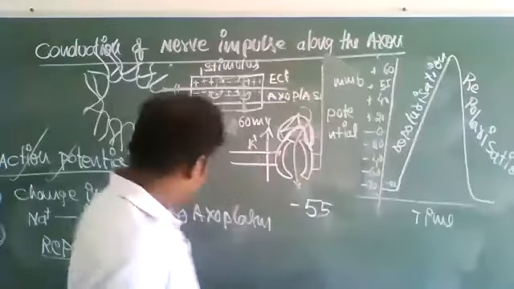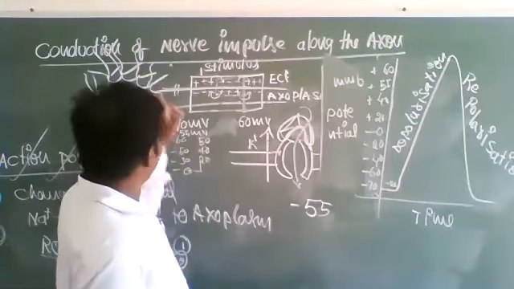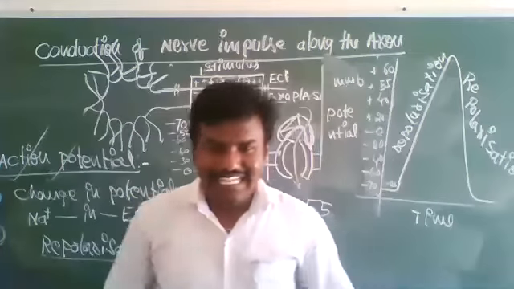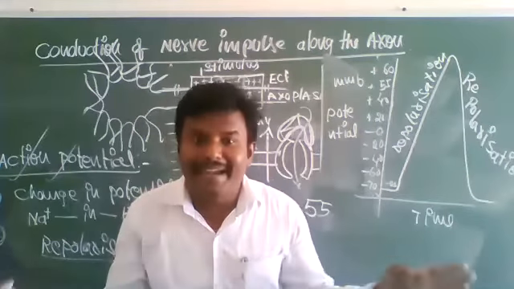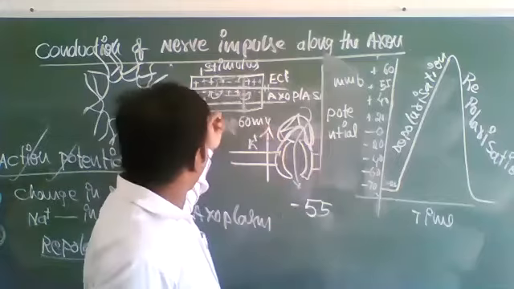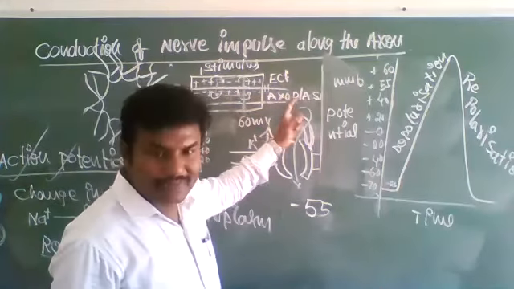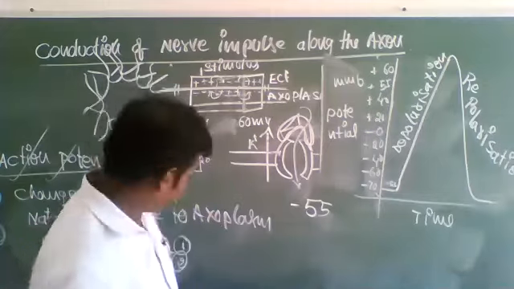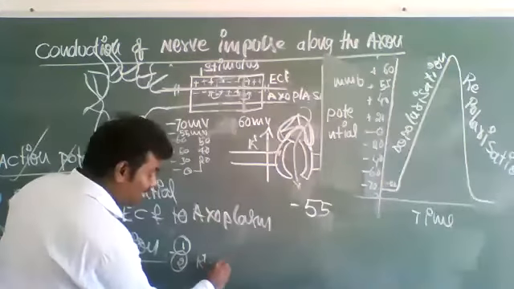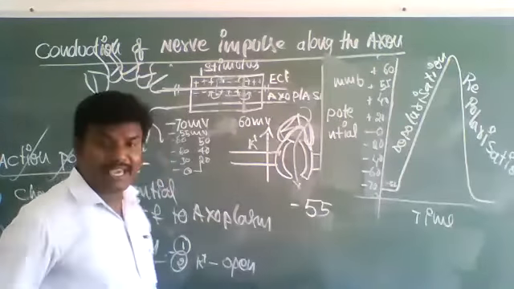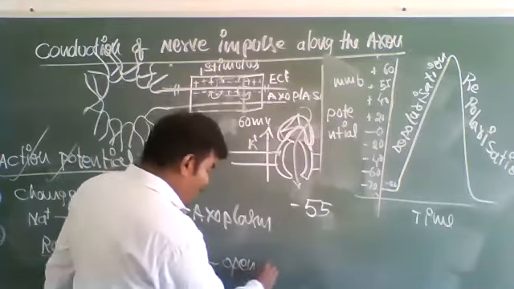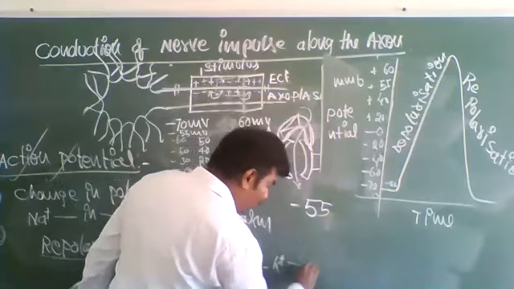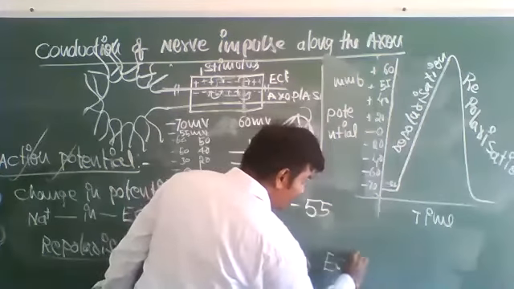Next, in another place, the potassium ion gated channels are opened. The potassium ions from the axoplasm are expelled to the outside, to the extracellular fluid.